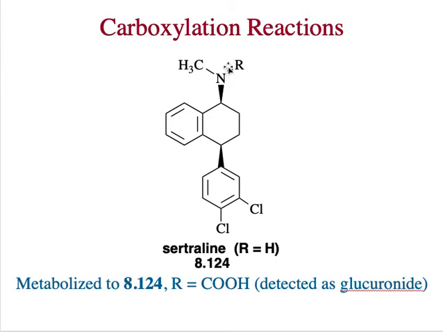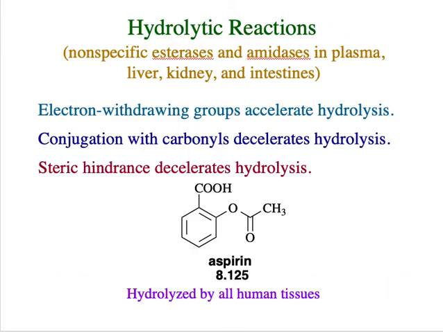When you take the drug, your body converts it first to a carboxylic acid, and then eventually is going to add a sugar on this, which makes it, of course, water soluble, but you're going to detect it at the end of the day as a glucuronide, which is really interesting.